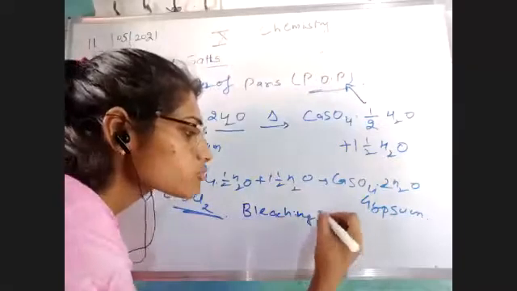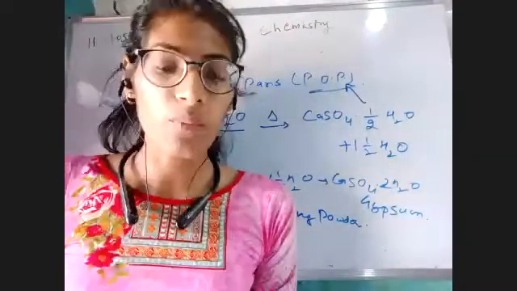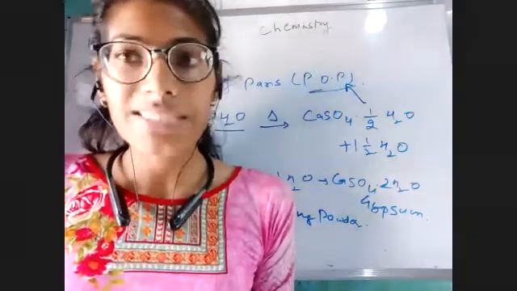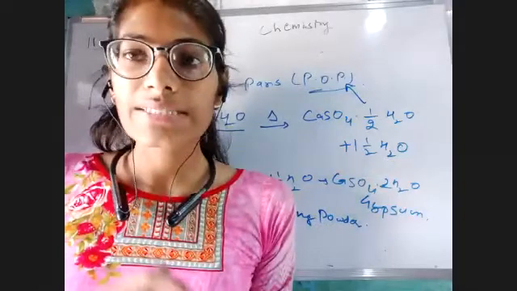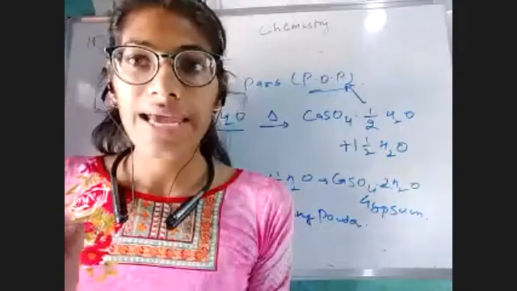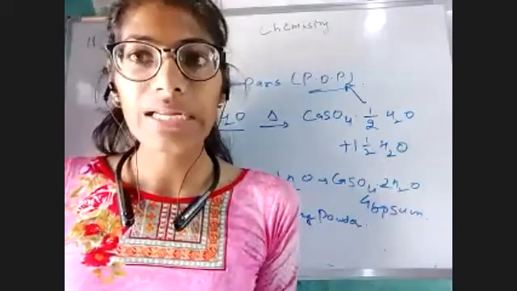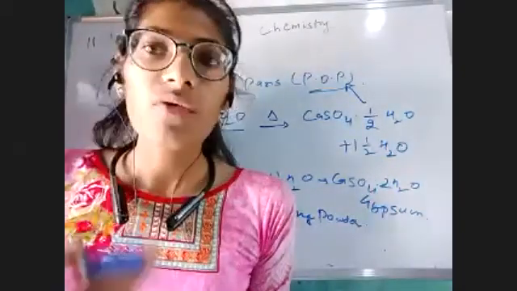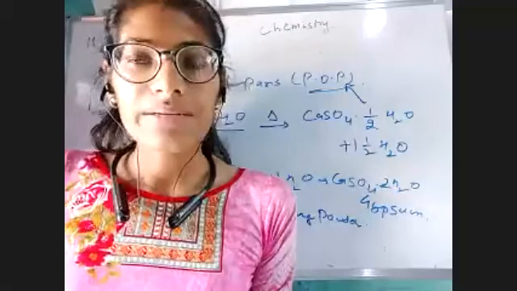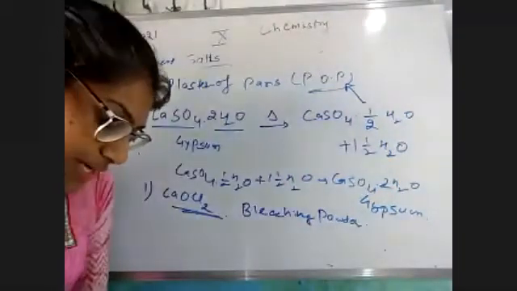Super important topic, super important questions, which are very important for your board exam also. Bleaching powder can be used for bleaching, and apart from that, it also has an important property that it removes some impurities from water. Okay, now we are going to our second question.